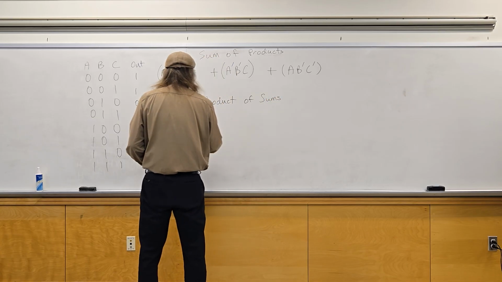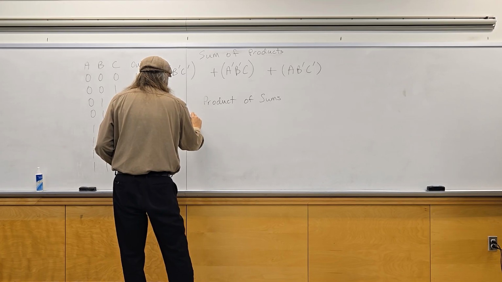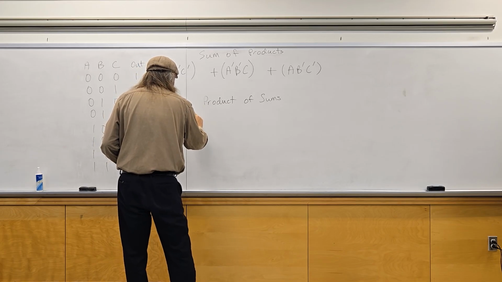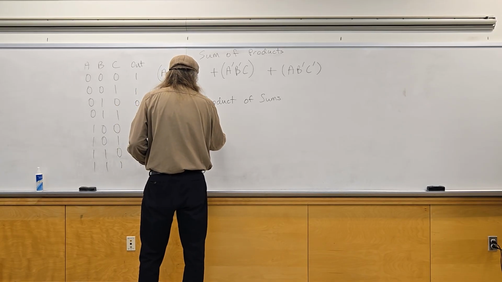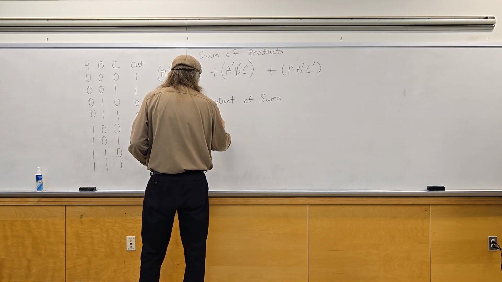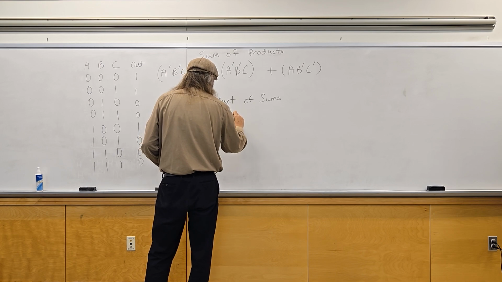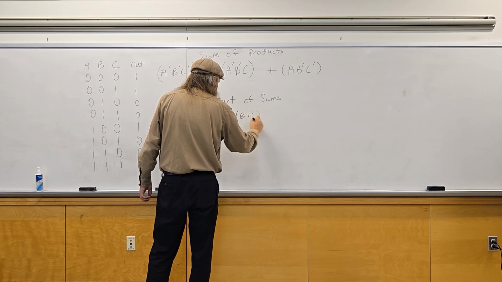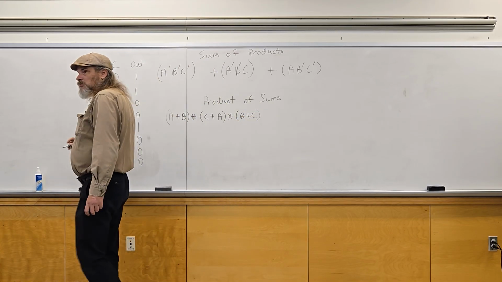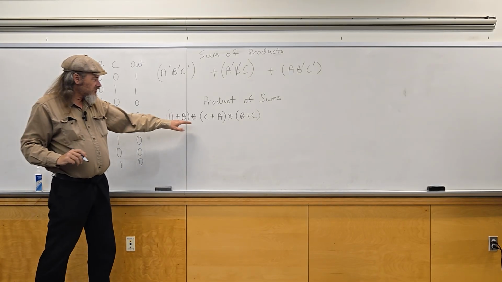Where you would have, say, A or B, times C or A, times B or C. See how that's a product of sums?